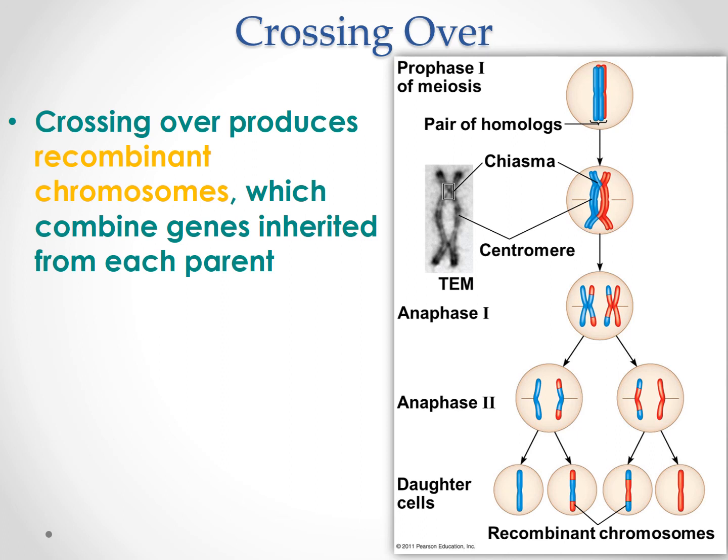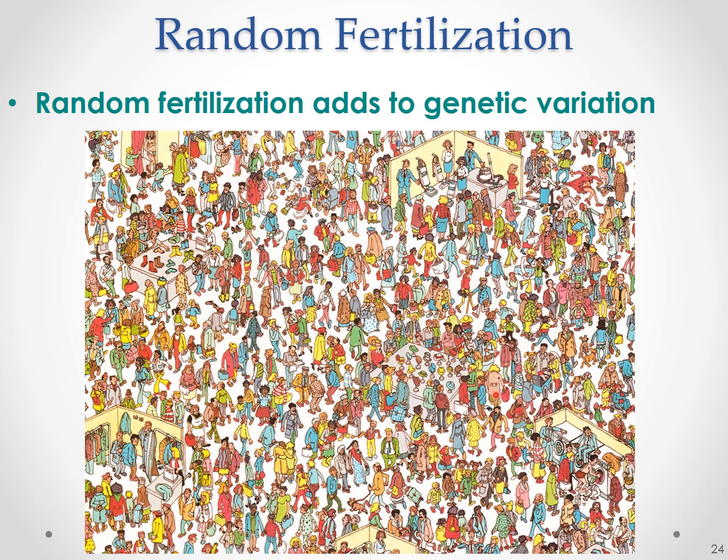Which ones come together increases even more variation. Together, this is called random fertilization. It's somewhat random as to which sperm ends up meeting the egg, and which egg it is, and once they fuse, now it's a combination of mom and dad. Mom and dad had their own gametes, which had different combinations of their own DNA, and of course their ancestors. Then you combine mom and dad to create a whole new organism, which is a combination of genes from two different families.